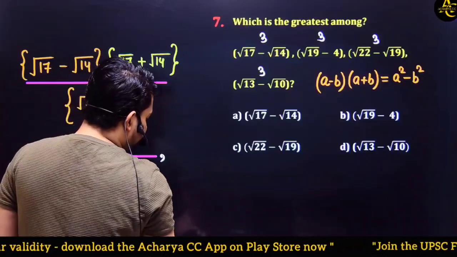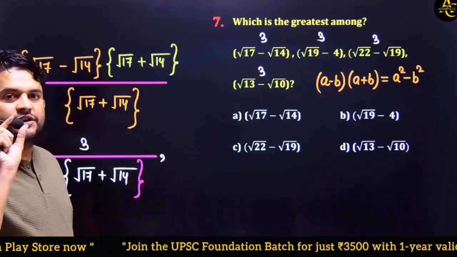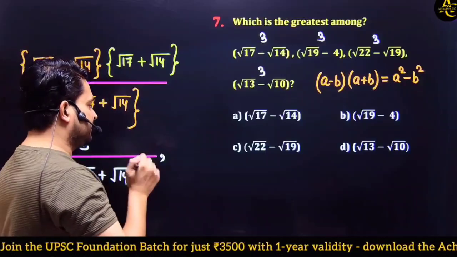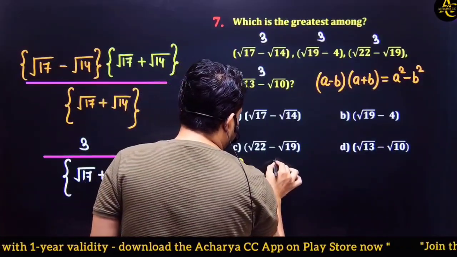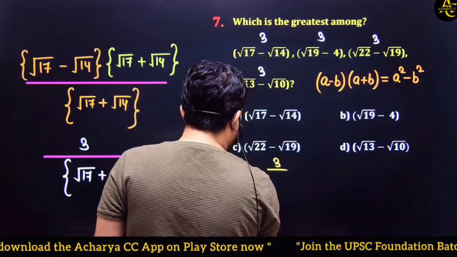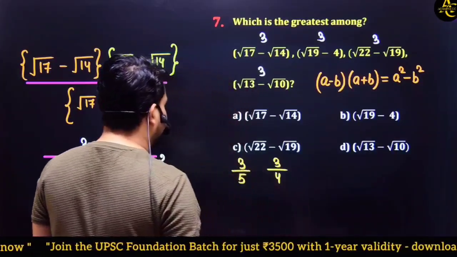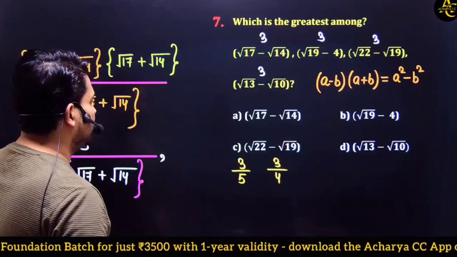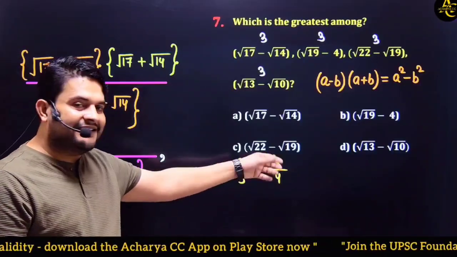I have to tell you the greatest number. See, if the numerator is the same, say we have numerator 3 here and 3 here, and if I have 5 here and 4 here, the number will be bigger whose denominator is lesser.